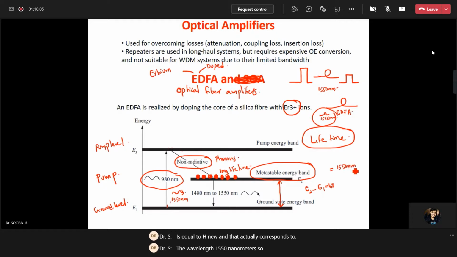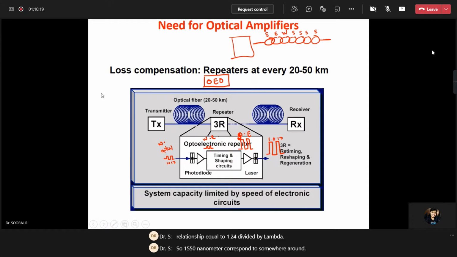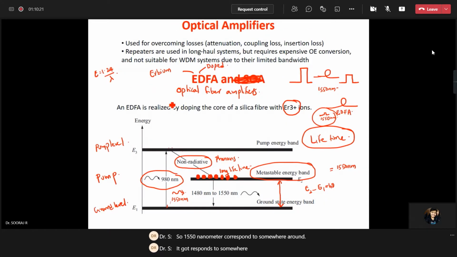You know how to convert 1550 nanometer into energy. You can use this relationship: E is equal to 1.24 divided by lambda. So 1550 nanometer corresponds to somewhere around 0.8 electron volt.